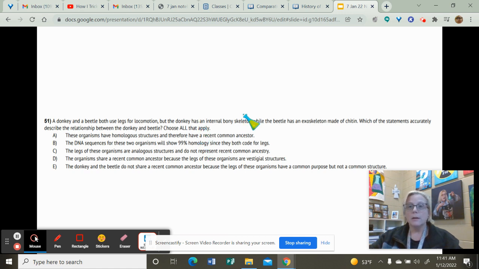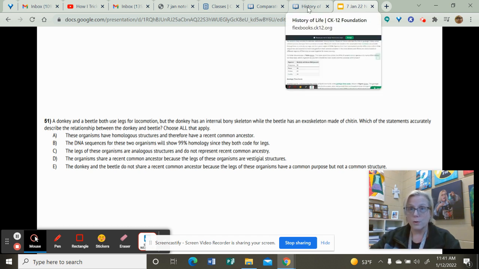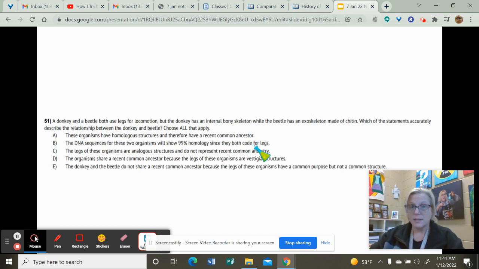Okay, again, it's not something that I can point to and say this is word for word. It's a thinking type of question, which is why it's a little bit higher level. So both of these would be false statements. We would not pick them. All right, C, the legs of these organisms are analogous to structures and do not represent recent common ancestry.